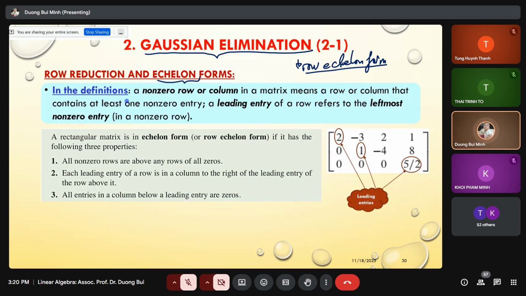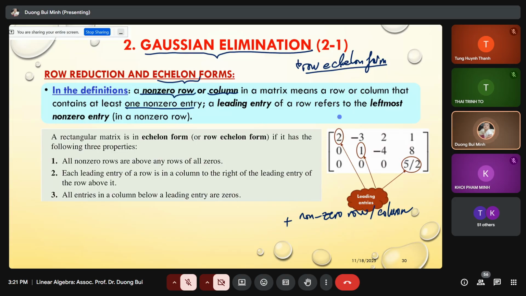Look. In the definitions, a non-zero row or column in a matrix means a row or column that contains at least one non-zero entry. So now we have the definition of a non-zero row or column, right? Again, a non-zero row or column in a matrix means a row or column that contains at least one non-zero entry.